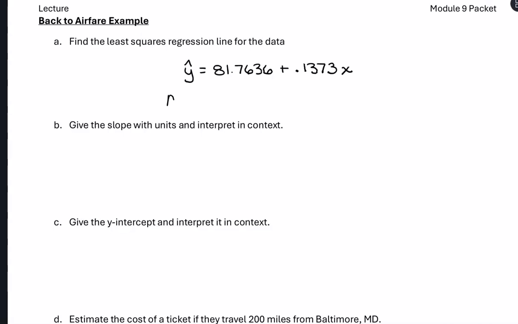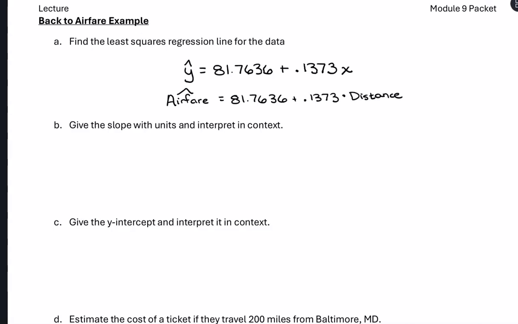So y is airfare, so you could see airfare with a hat on top equals 81.7636 plus 0.1373, and then x would be distance. And that can be nice, especially as we're plugging in predictions. You can see exactly what goes where. Either way is completely fine.